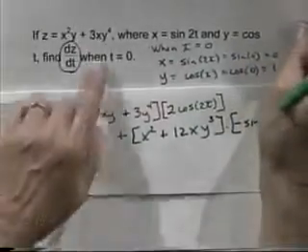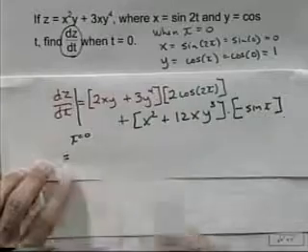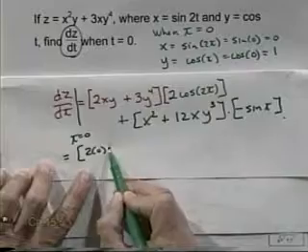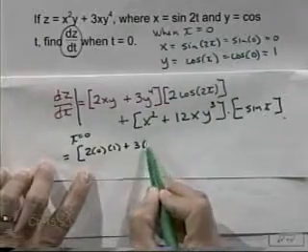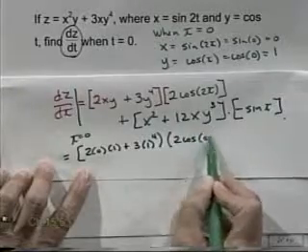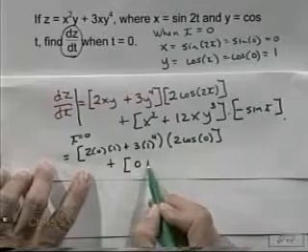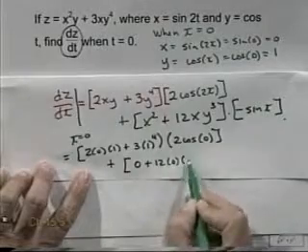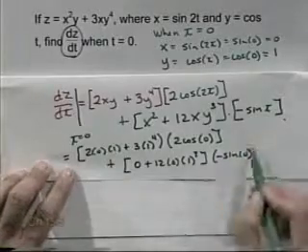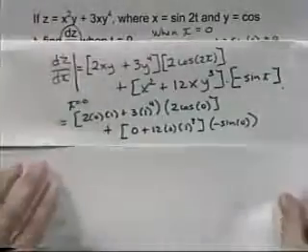So when t is 0, if I plug t equals 0 into here, I get x is 0, so it's 2 times 0 times y is 1, plus 3 times y is 1 to the fourth, times 2 cosine of 0, plus x squared is 0, plus 12 times 0 times 1 to the third, times minus sine of 0. Okay, and simplifying that, let's see what we get here.